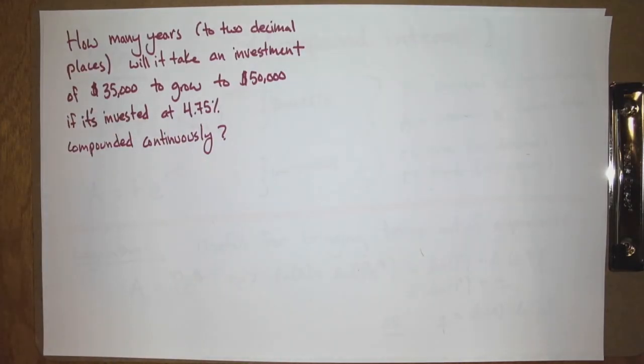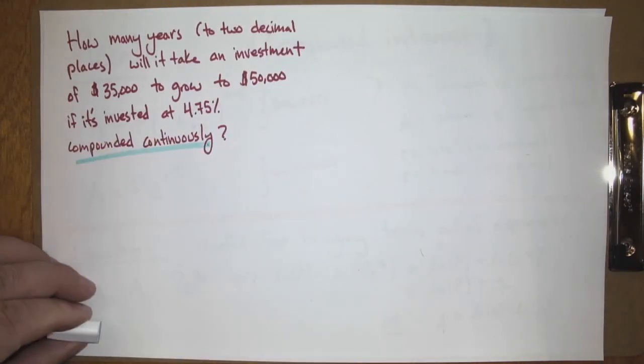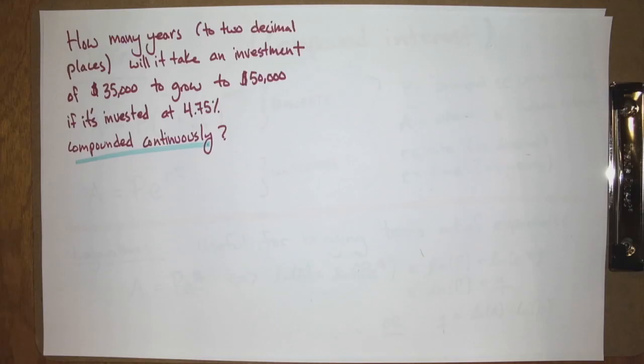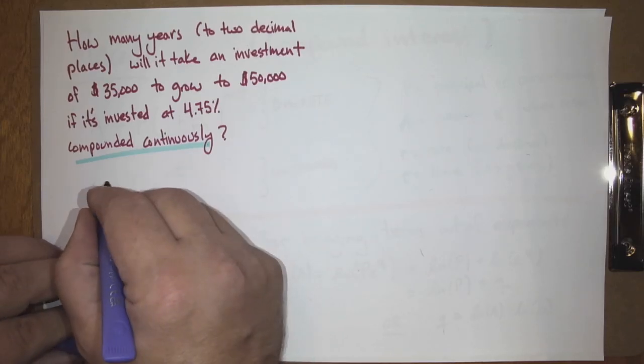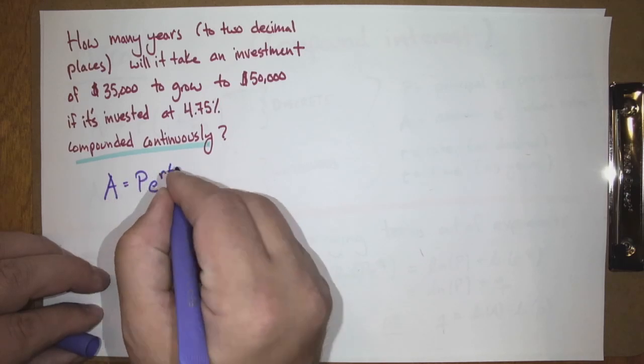All right, now, looking at this, we see a word. Well, we see many words, but compounded continuously. That continuous part says, oh, that's that E expression. So we have this basic formula, and I'll rewrite it. A equals P e to the RT.